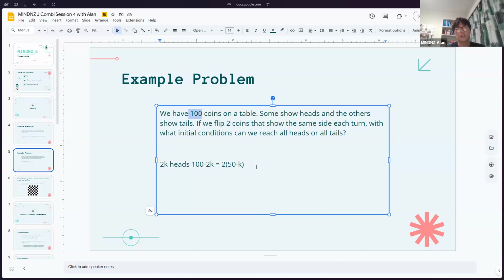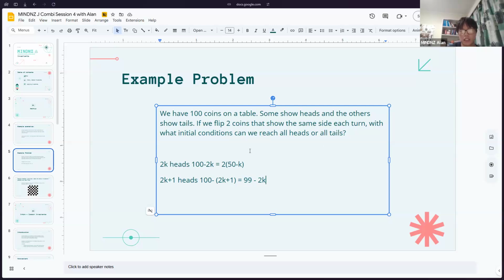But on the other hand, if we start off with 2k plus 1 heads, then we have 100 minus 2k plus 1 tails, which is equal to 99 minus 2k tails. And this is an odd number minus an even number, and we know that odd minus even is also odd, right? So we have an odd number of heads and an odd number of tails.